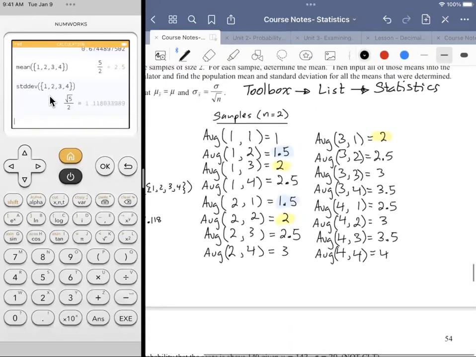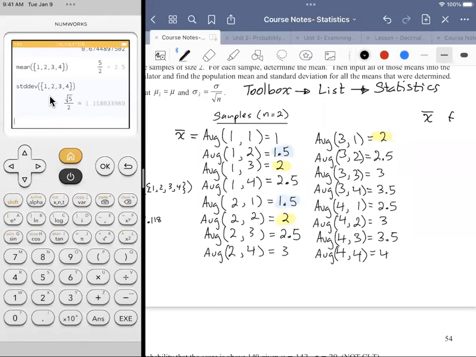So I'll make a list of the X bar values, because that's what all these things are. They're all X bars. They're sample means. We created samples from population, and then we found the mean, so sample mean. But I also want to indicate what the frequencies are that correspond to that.